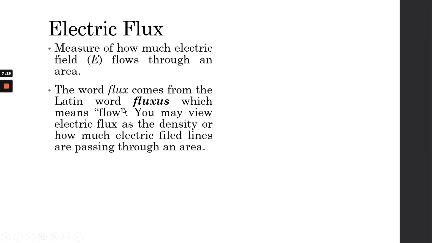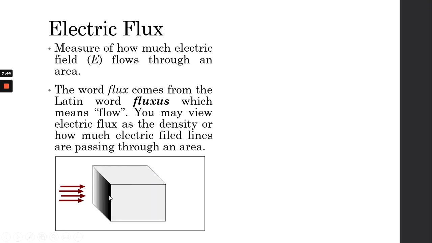It's a word that comes from the Latin word fluxus, which means flow. So you may think of electric field as flowing or passing onto a surface or onto an area. Okay, so electric flux is basically a measure of how much electric field is passing through an area.